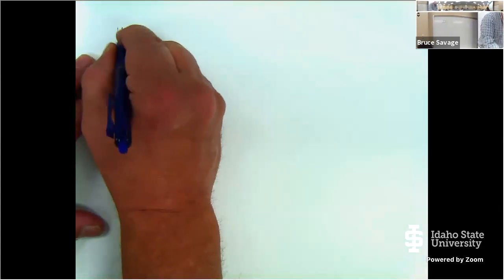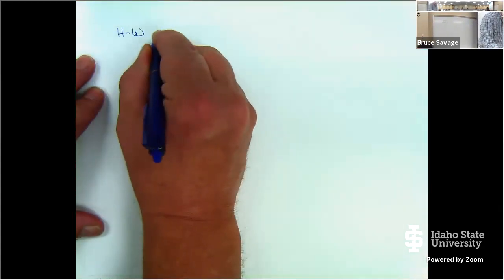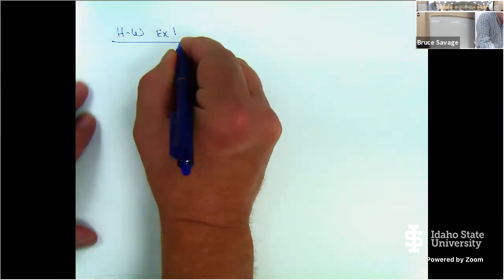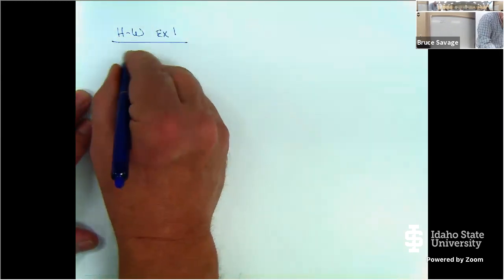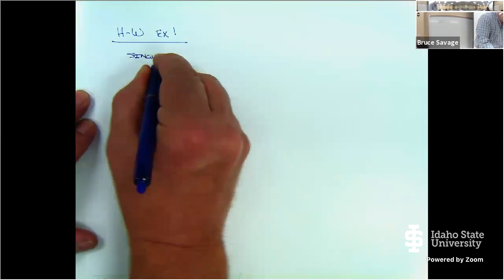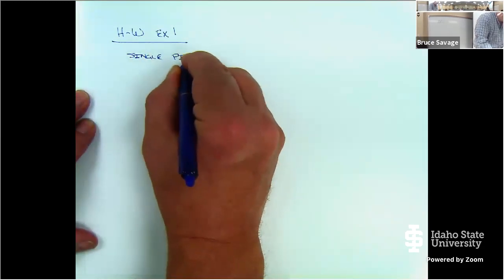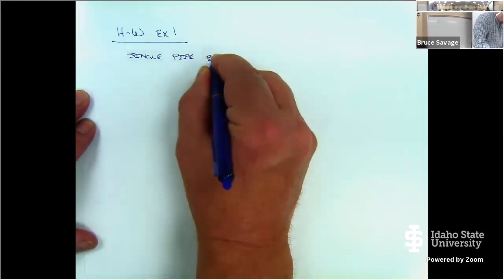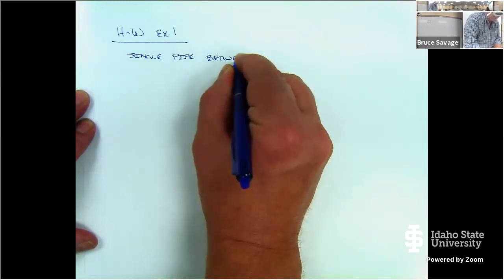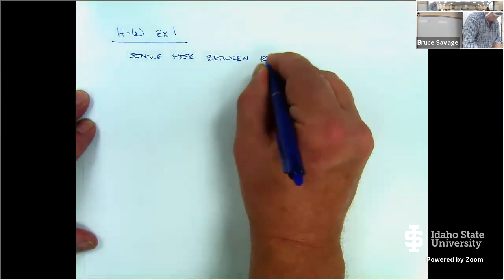Okay. So Hazen-Williams example one. We have a single pipe between reservoirs.